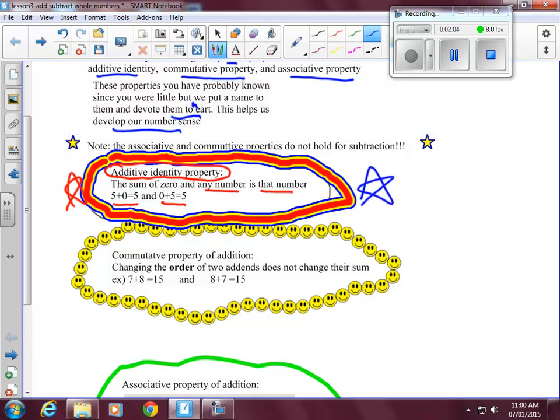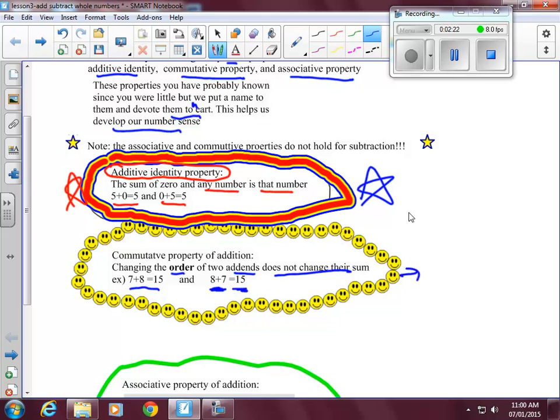Let's try again. Commutative property of addition means that changing the order of 2 addends, that means 2 numbers that you're trying to add together, does not change their sum. Meaning what? Well, 7 plus 8 is 15, but if you change the order, 8 plus 7, you still get 15.